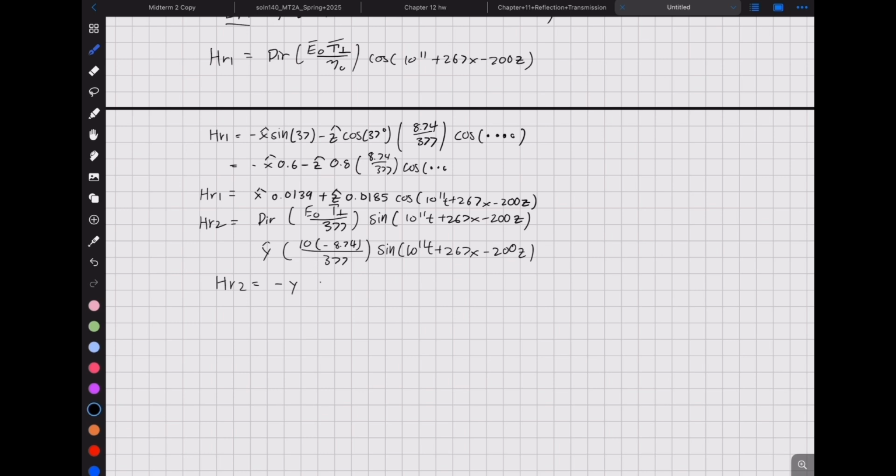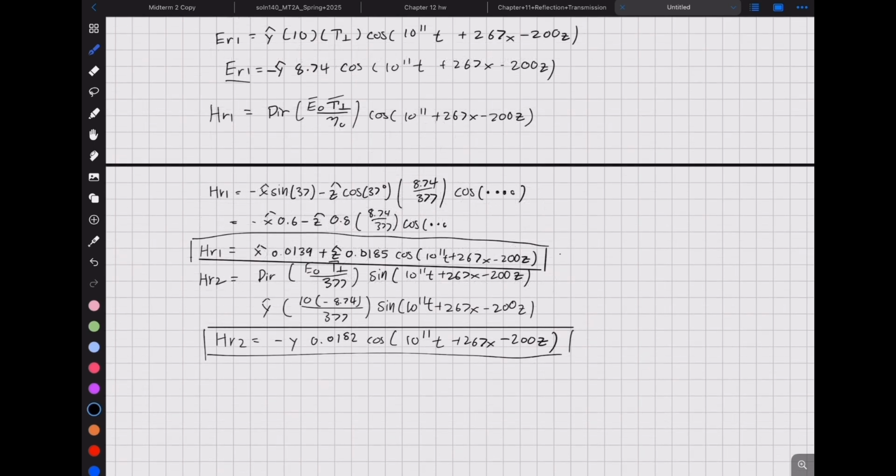Negative y 0.0182 cosine of 10 to the 11 t plus 267x minus 200z. And that's going to be our HR2. Oh yes, and these are in amps per meter. I forgot about that.